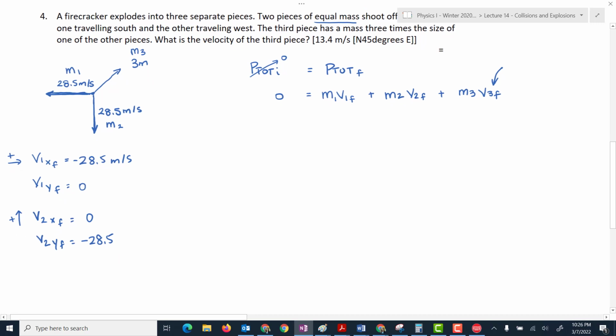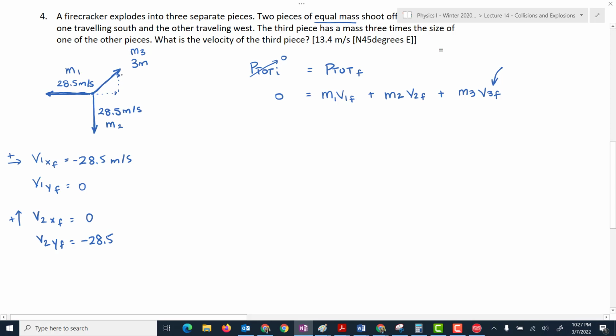Okay, so the V3, we don't know what it is, so we're going to try to find the V3x and the V3y, and then once we have it, we'll put them together to find the total V3. Okay, so V3 as the hypotenuse. Once we have the x and y, we can find the hypotenuse. We can just add them up as vectors. All right, so I'm going to do what we did before.